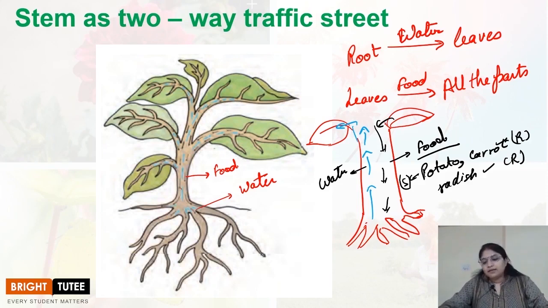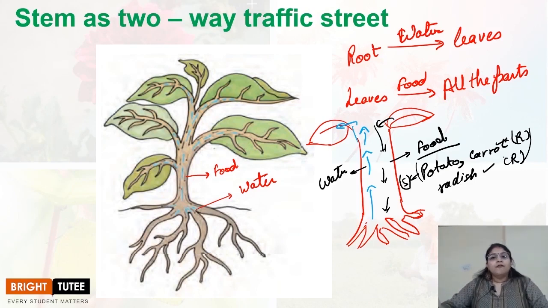So what happens is that the food from the leaf is stored in these parts, right? So food is stored in the modified stem, or it is stored in the roots, and this is what we consume, right? So this shows that the food from the leaf is taken away from the leaf and distributed to all the parts. In specific plants, it is stored in specific parts which we consume as food, right?